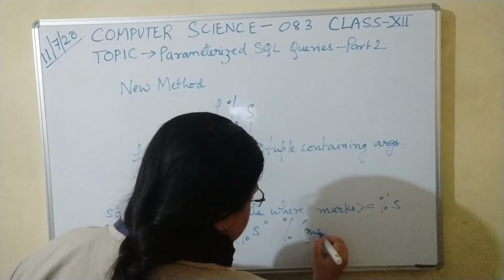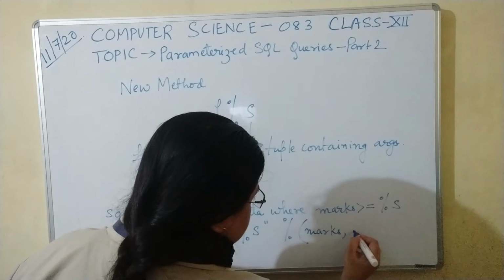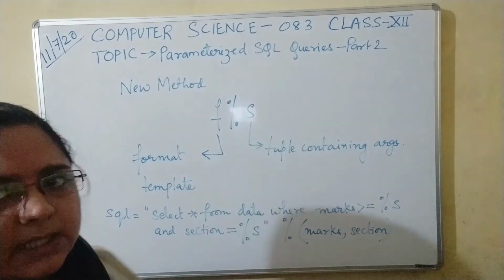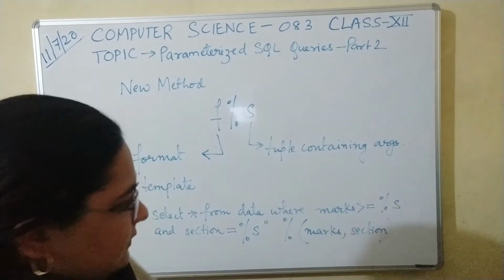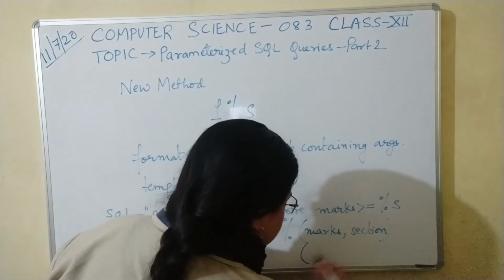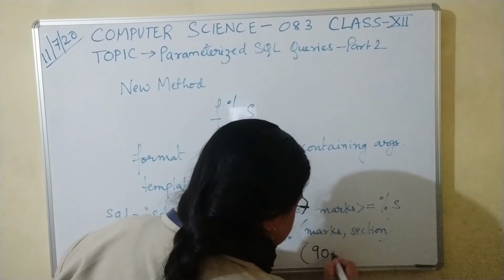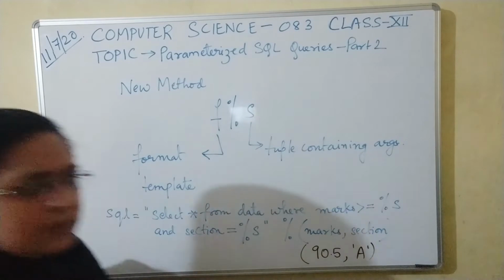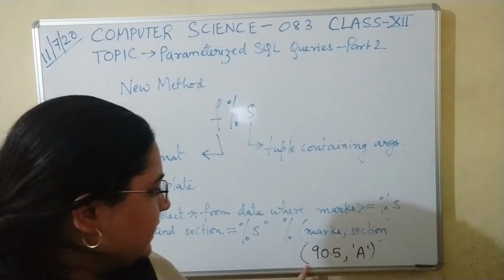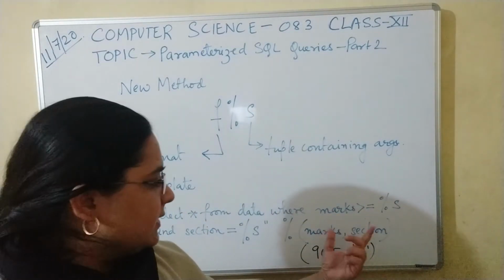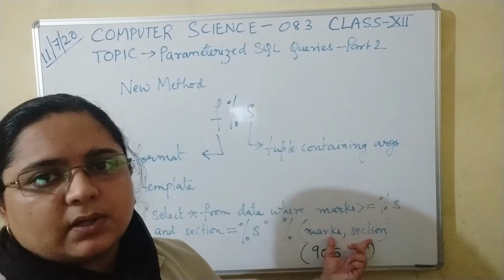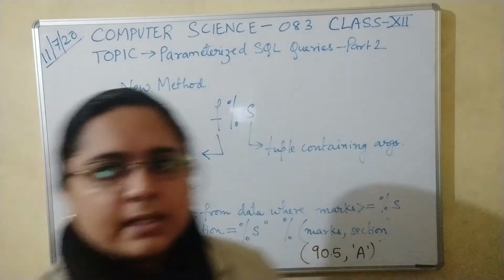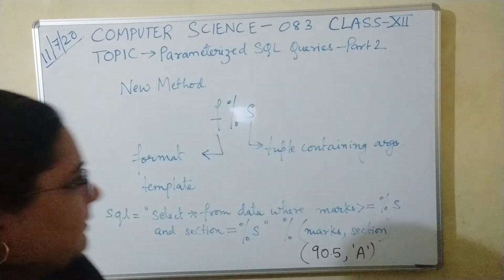Say if I asked marks from the user and section from the user, this was a tuple containing the two values. Sometimes this would also contain simple marks. So you could also see that it sometimes contained the actual data values instead of the Python variables or identifiers. Okay, so this was the technique which we followed in the previous method, that is the old style.